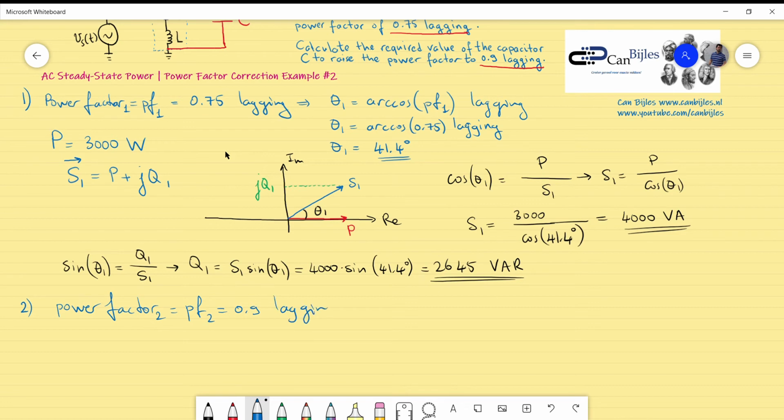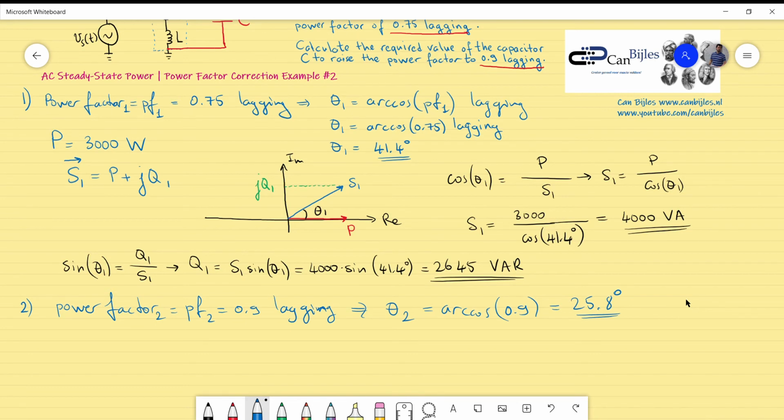I would like to increase my power factor from 0.75 to 0.9 lagging. Again, using the same formula for the theta, I will calculate theta 2, exactly the same procedure. So what we get is theta 2 will be equal to arc cosine of 0.9. So that will be 25.8 degrees.